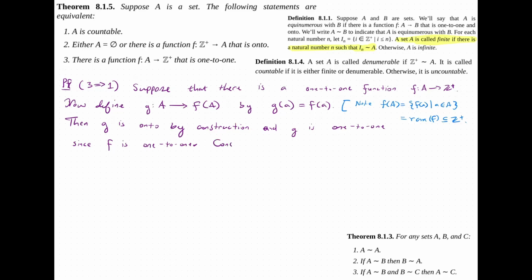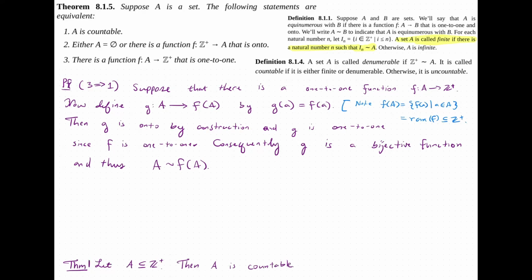Consequently, g is a bijective function, and thus we have that A is equinumerous to f of A.